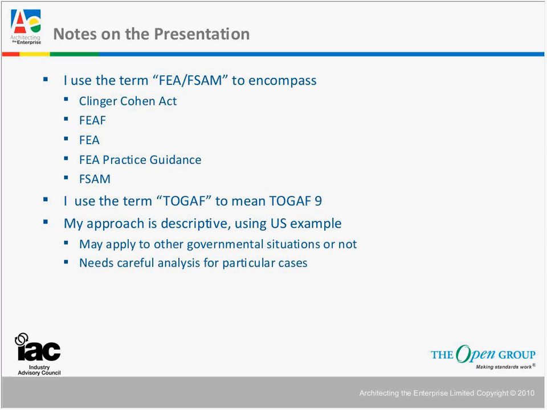TOGAF means TOGAF 9, which is the latest version. The approach here is descriptive. I'm using the U.S. example. It may apply to other governmental situations. It needs careful analysis for application to particular cases.